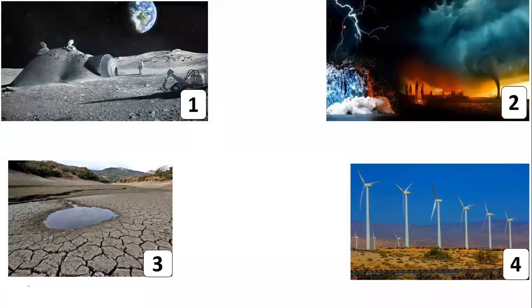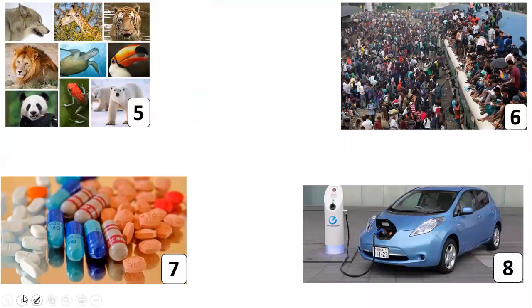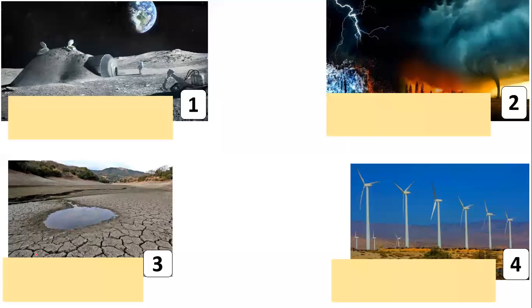So we're going to be checking the answers. Remember, if you have something different, it's okay. You still are learning the new words. Number 1, what did you guys put for number 1? Colonize the moon.